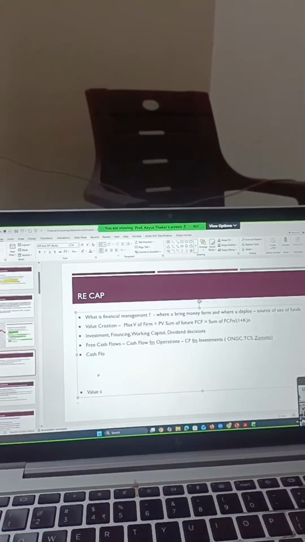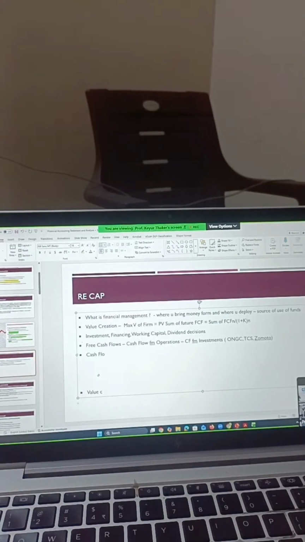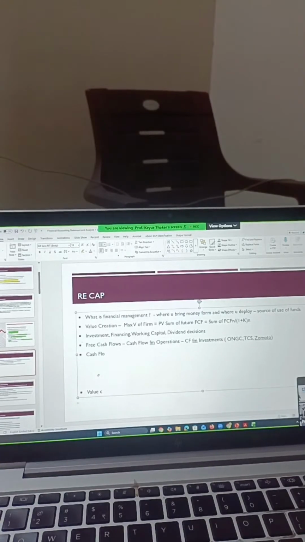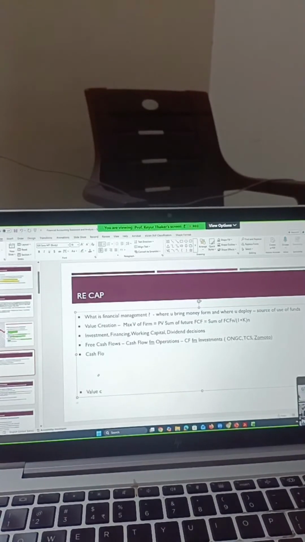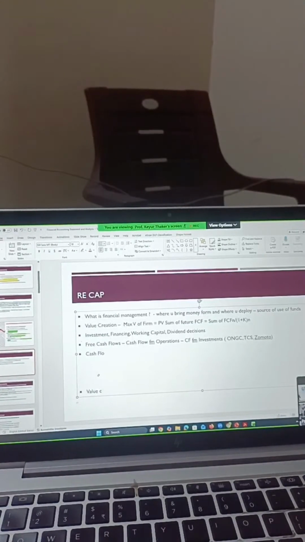Then we discussed DMart, then IBM and Dell, and we tried to understand how their financial management policies are different. So all kinds of things we studied, and how Adani is different in terms of deployment of funds.